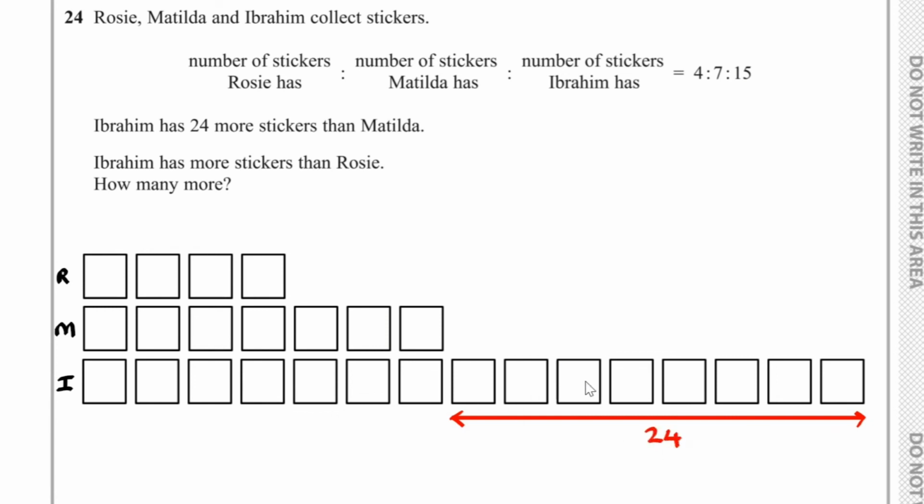So if I've got 1, 2, 3, 4, 5, 6, 7, 8 equaling 24, then each one will be worth 3.